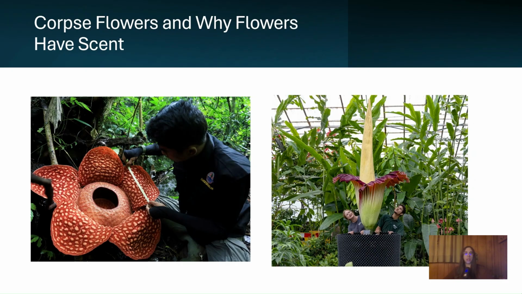And when they realize that there's no actual meat there to lay their eggs on, they'll leave, be attracted to another corpse lily or Titan arum that is releasing the same scent. And the flies will transfer the pollen from the first flower to the second, successfully pollinating it.